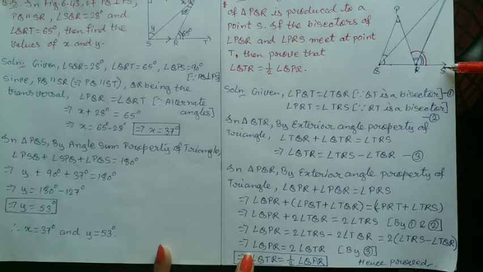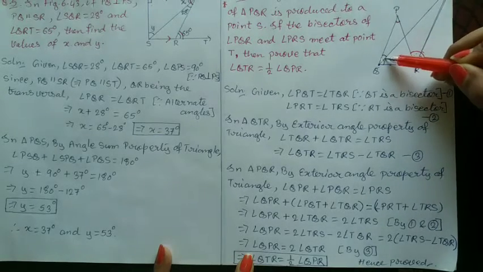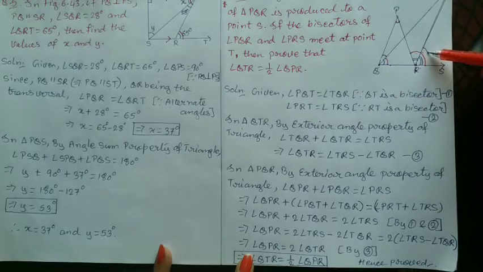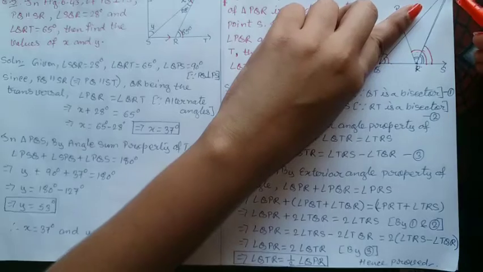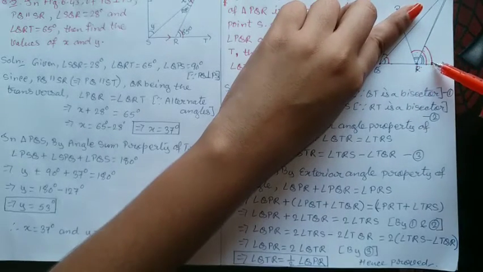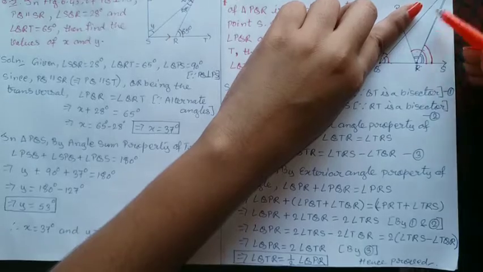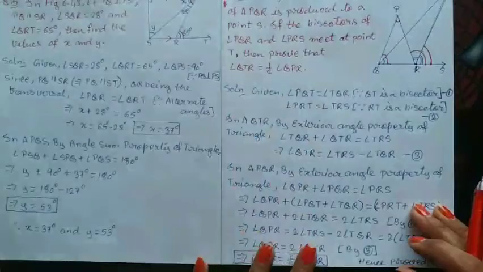And again, for the triangle TQR, this angle plus this angle is equal to the exterior angle here. We will forget about this particular triangle. Now focus here. This angle plus this angle is equal to the exterior angle of the triangle TQR. We will utilize these two relations.